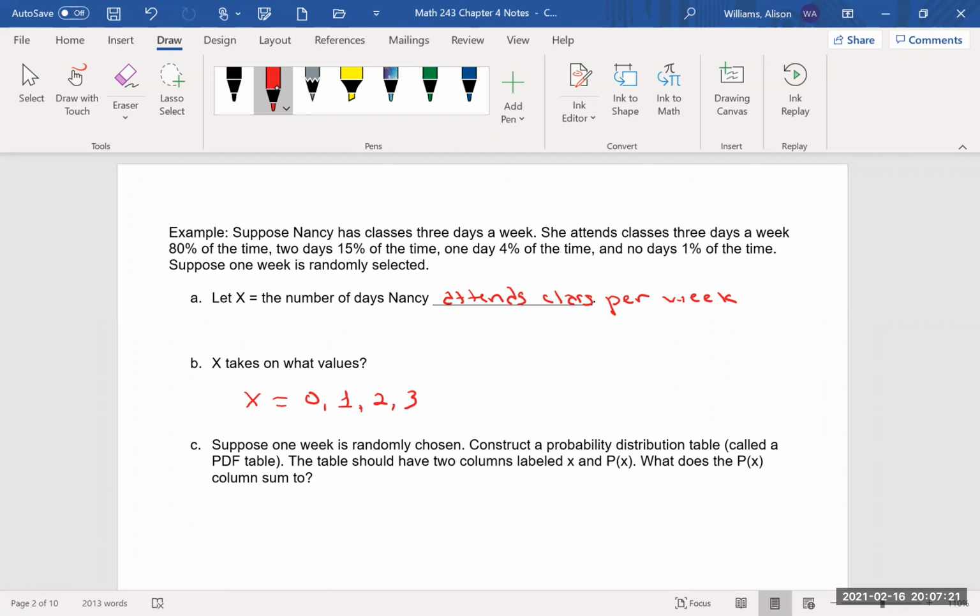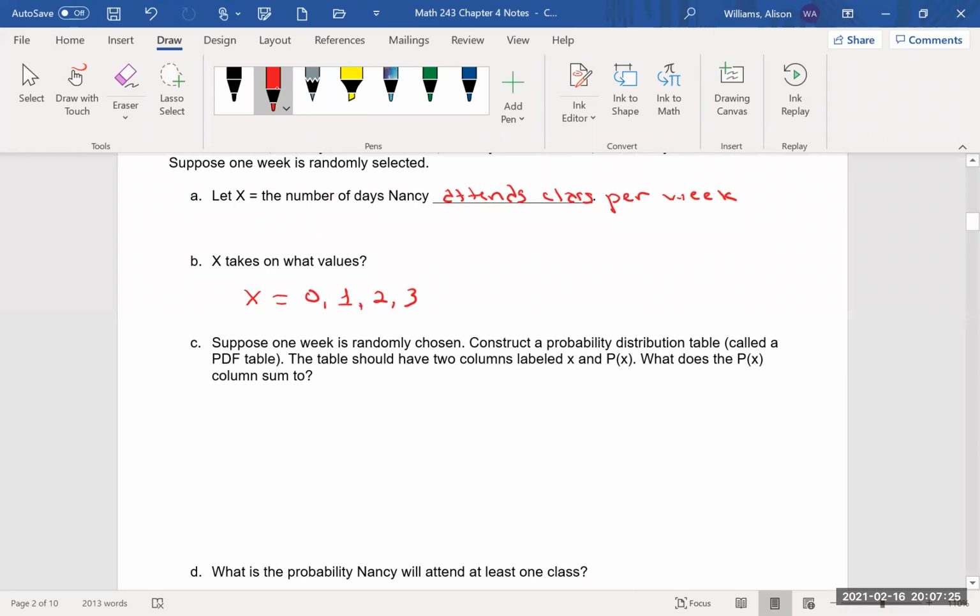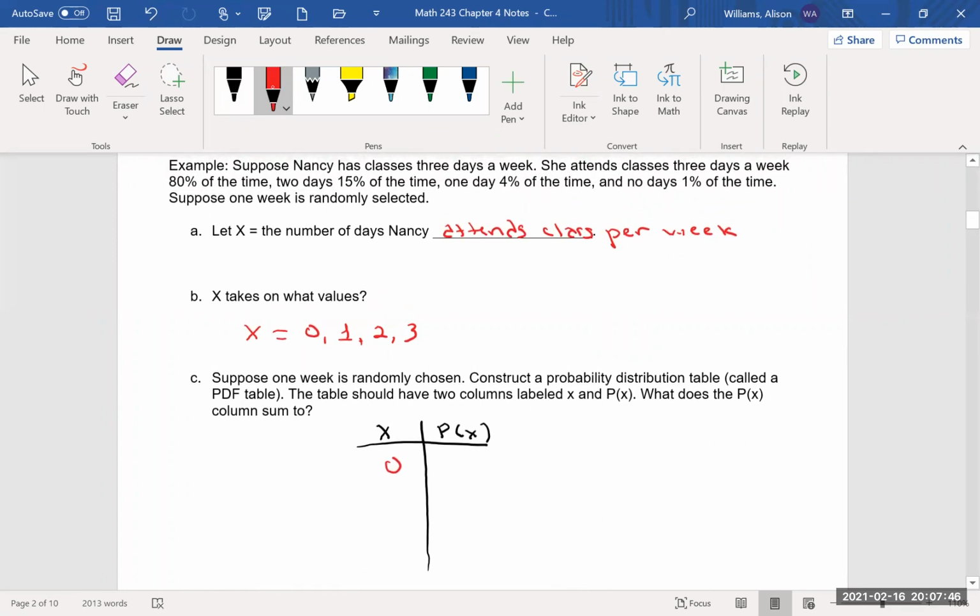Now they want us to create the probability distribution table. So we're going to create a table like the previous example. We're going to have X values, which will be these 4 X values we just listed, and then their relative probabilities, which they gave us. For 0, that was 1% of the time, so I'm going to write 0.01.